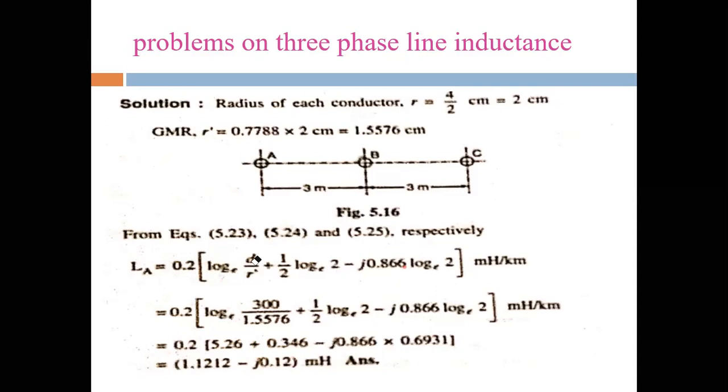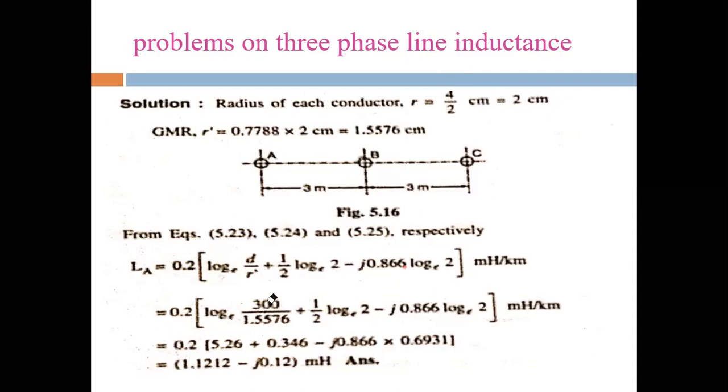That is 3 meters. Then it will be converted into centimeters, that is 300 centimeters. 300 by R dash, where R dash is the geometrical mean radius, GMR, that is 1.5576.